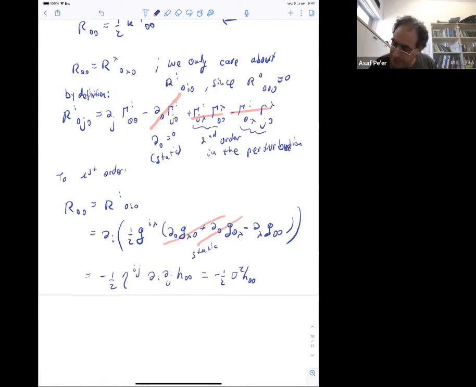So in the Newtonian limit, the conclusion of this exercise, in case for some reason you got lost, right?